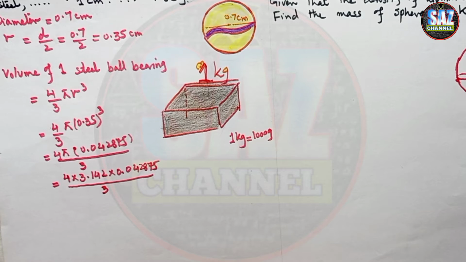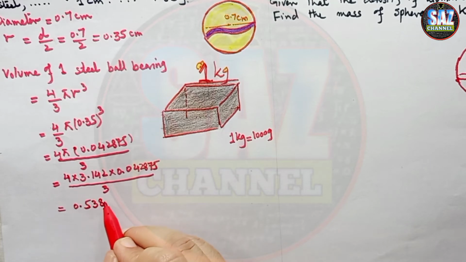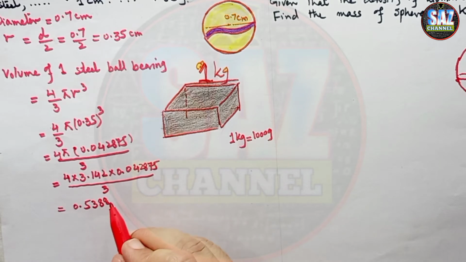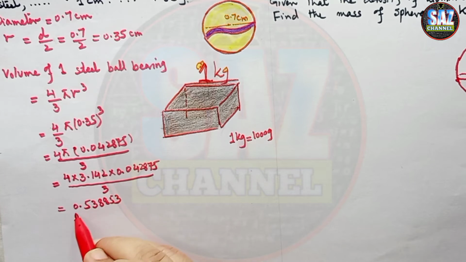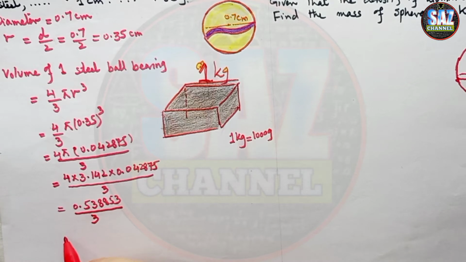Multiplied by 3.142 multiplied by 4, this gives me 0.5388, divided by 3, and this gives me the volume of one steel ball bearing as 0.1796 and 1.